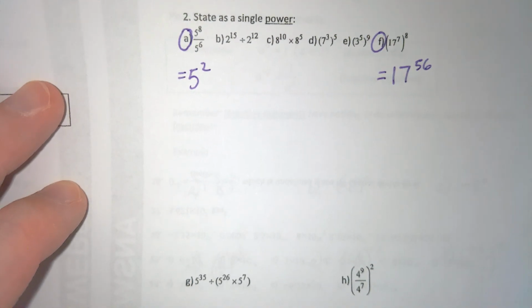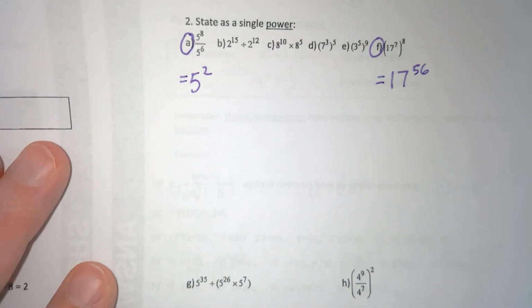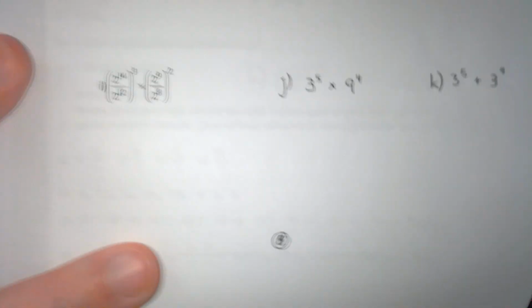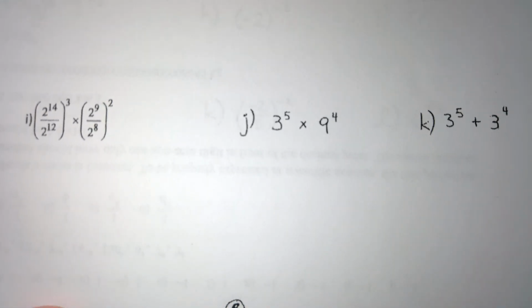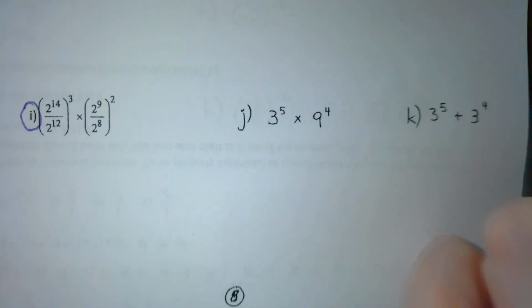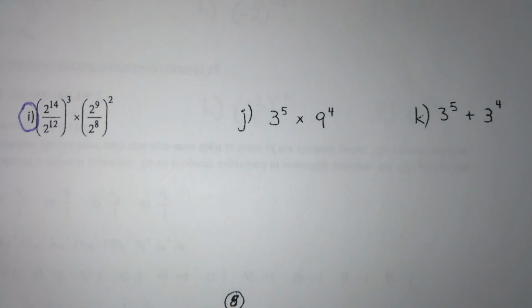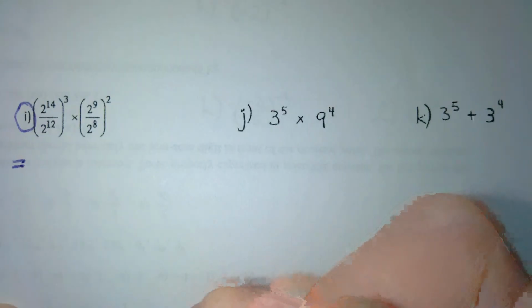Okay, let's try this one right here. Let's try I. So a little bit of bad math right here. Let's deal with the bracket first. Inside the bracket, can I do something? Yeah.